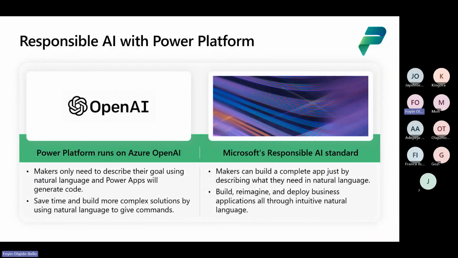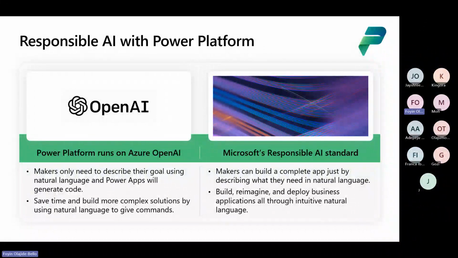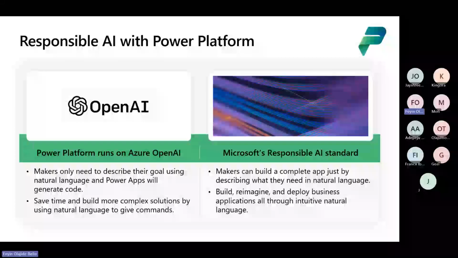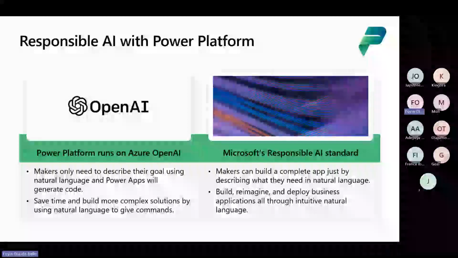So the Copilot in Power Platform runs on Azure OpenAI, right? It makes it readily available, that's the engine behind it. So when you write something in natural language and you get everything created for you, all of that is being enhanced by Azure OpenAI.